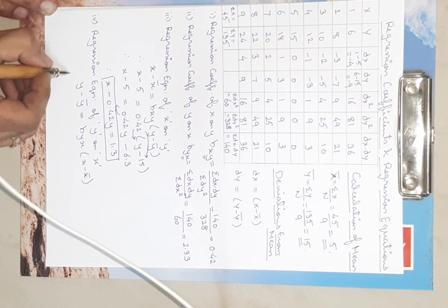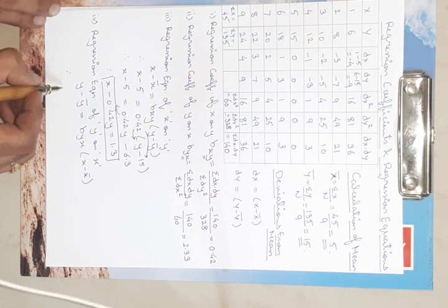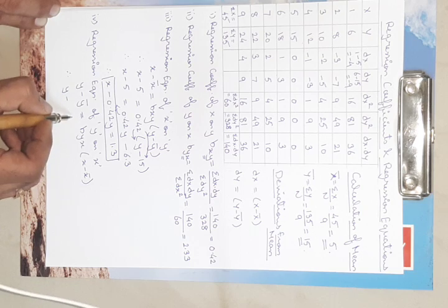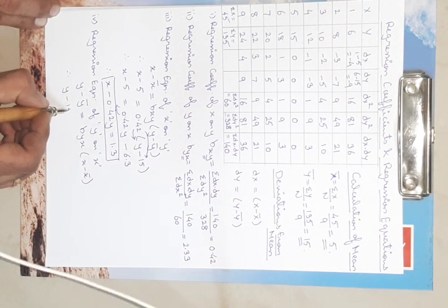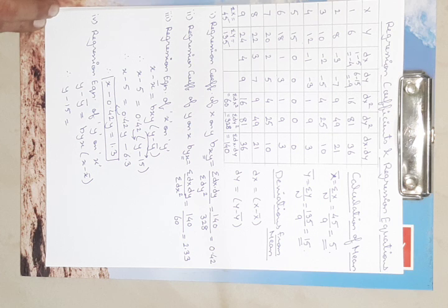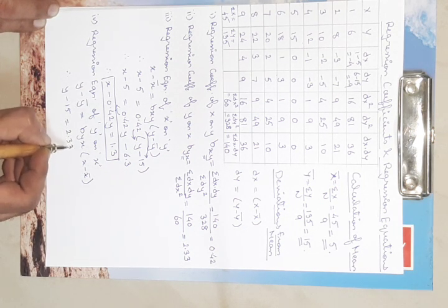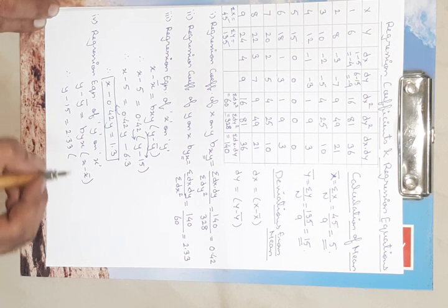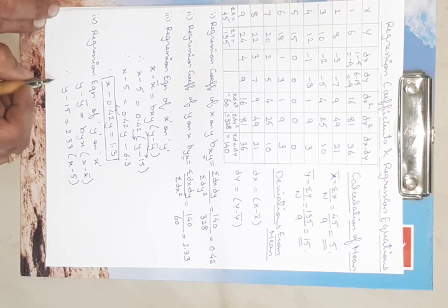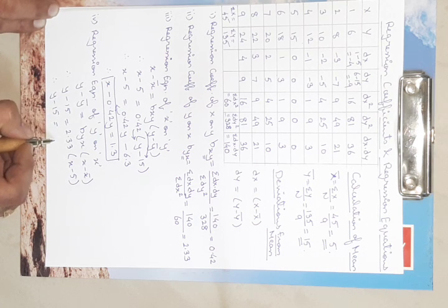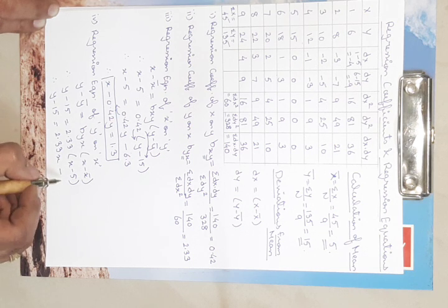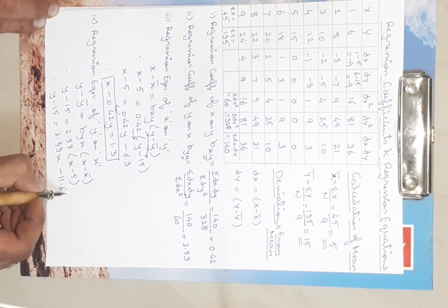Therefore y minus y bar, where y bar is 15, is equal to byx, which is 2.33, into bracket x minus x bar, that is 5. So solving this equation, y minus 15 is equal to 2.33x minus 11.65.